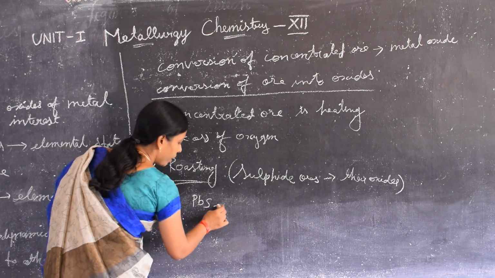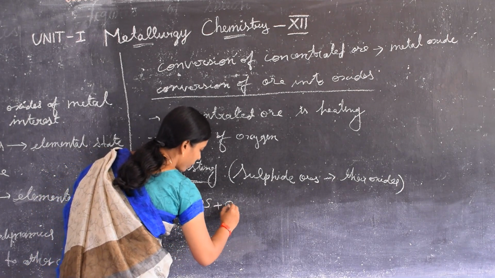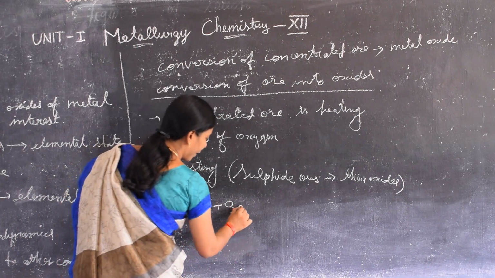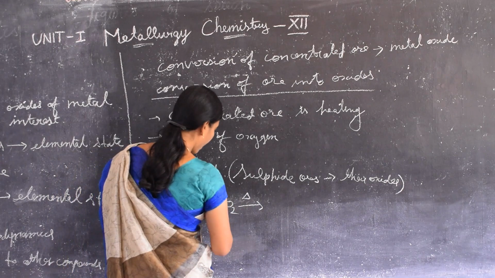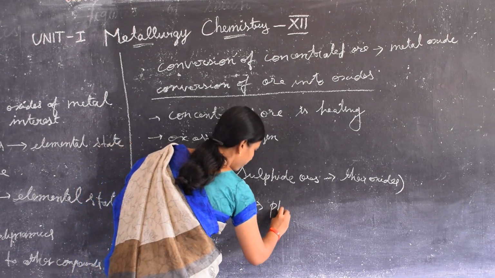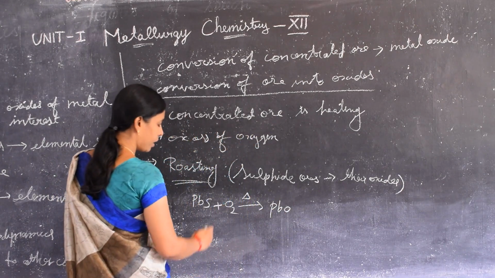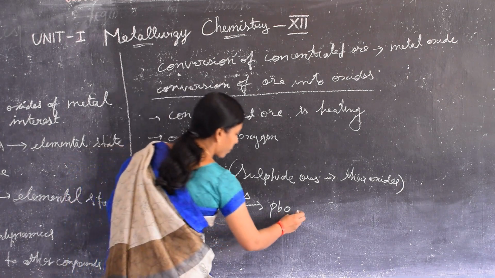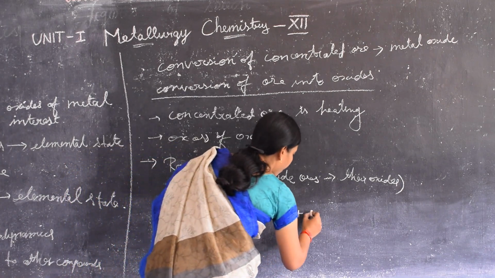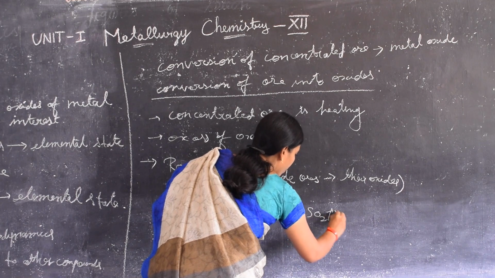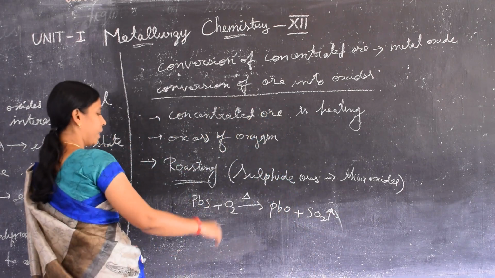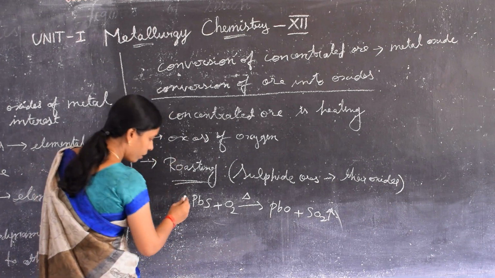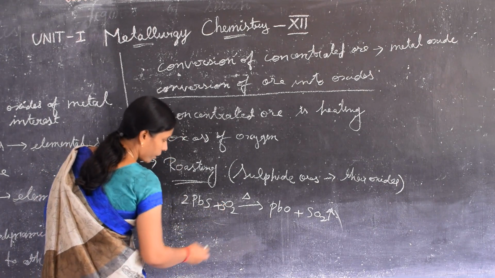Lead sulfide is oxidized by heating to form its oxide, lead oxide, and sulfur dioxide is expelled as a gas. Okay, so equation 2.